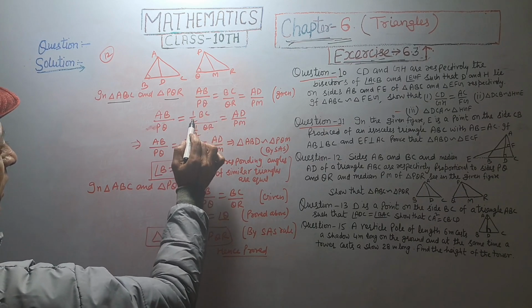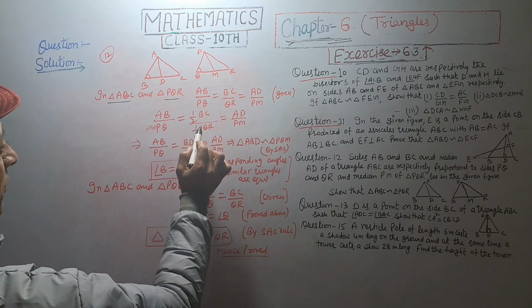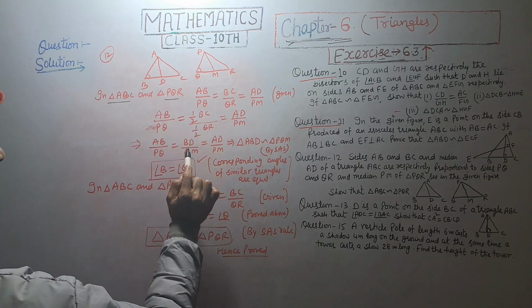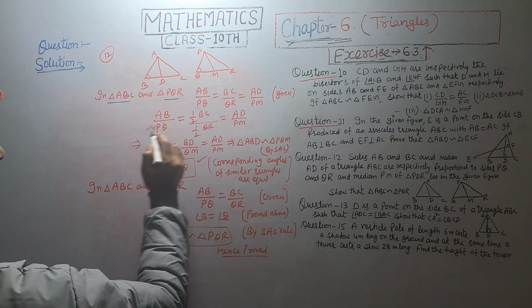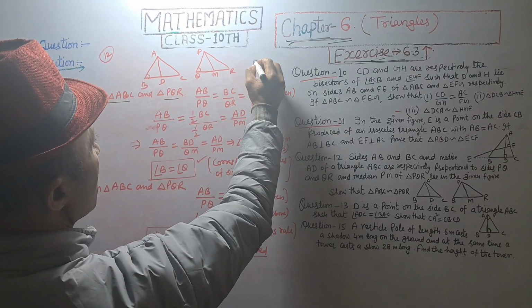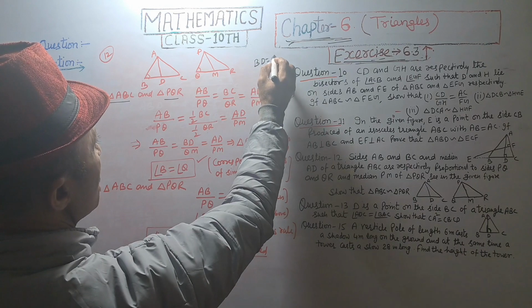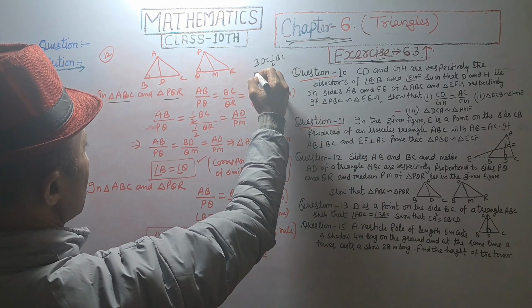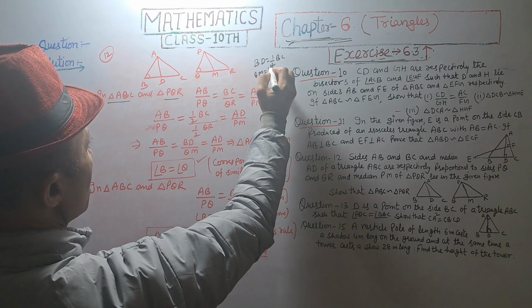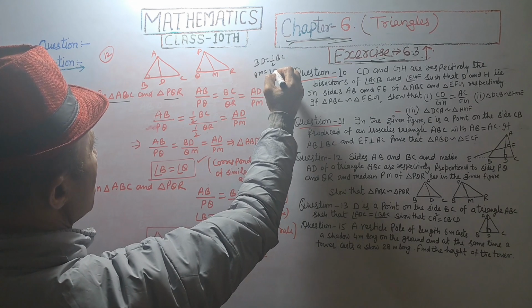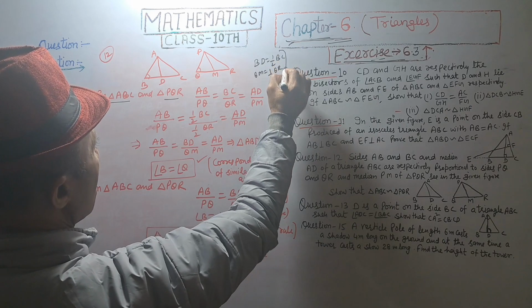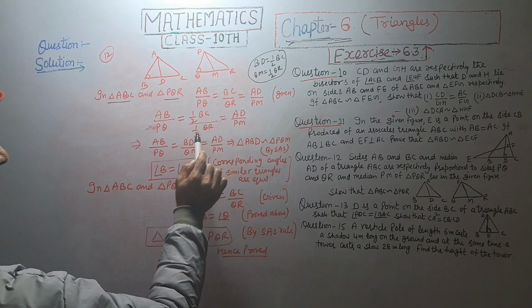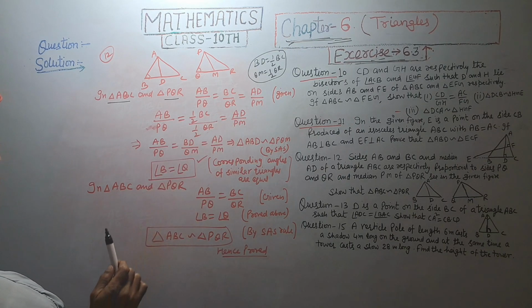Dividing both sides by half, half of BC is equal to BD, and half of QR is QM, that is equal to AD upon PM.